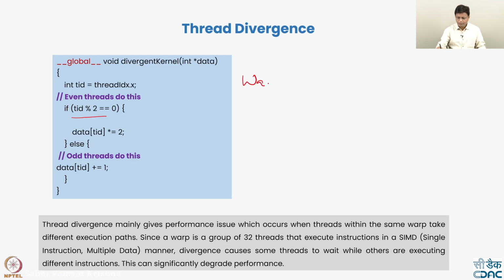We know that in a warp there are 32 threads, and their unique numbers are T0, T1, T2, T3 and up to T31. This number indicates the unique ID of each thread, and I have copied this number into another variable called TID.